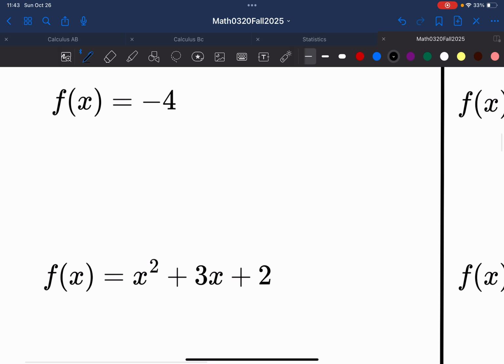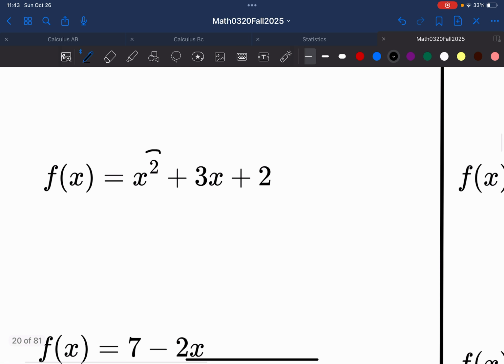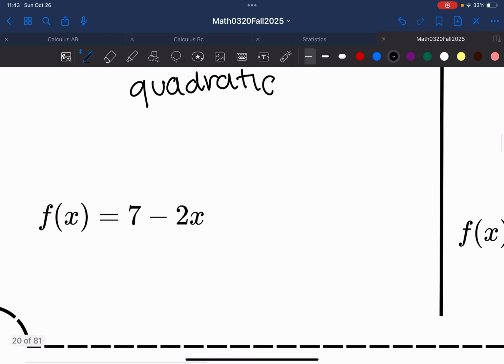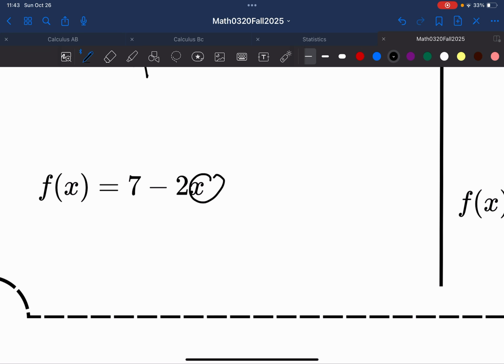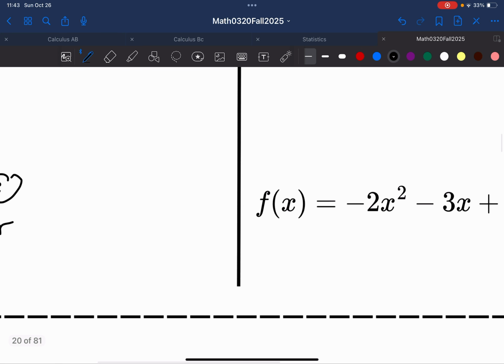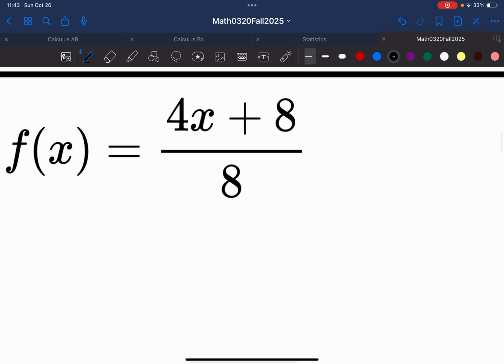So here, this is only equal to a number, so this is a constant function. Okay. This one has an x squared, so it's quadratic. Okay. This only has one x, so it's linear. Okay.